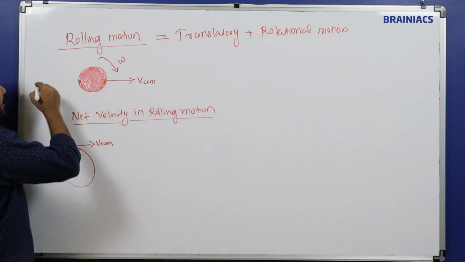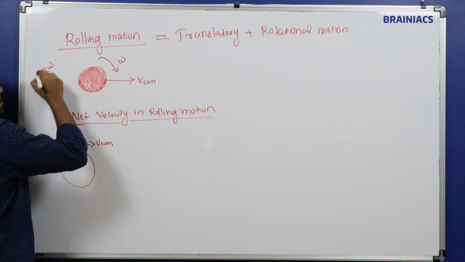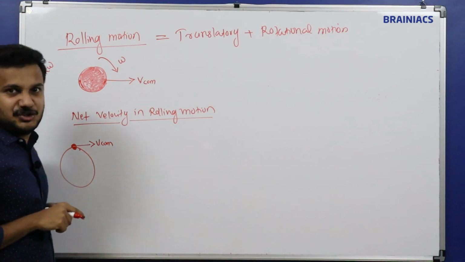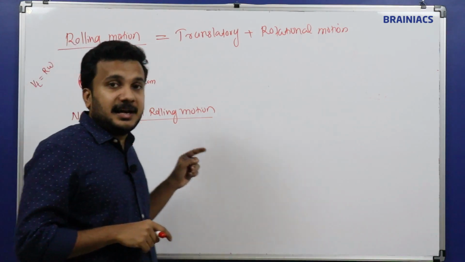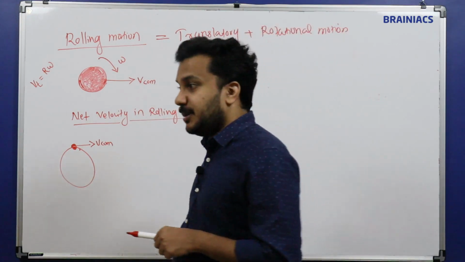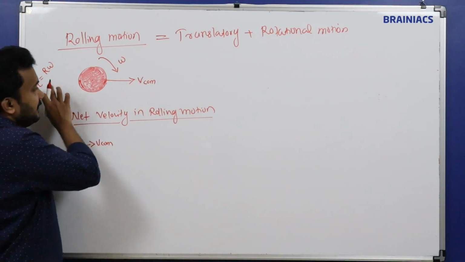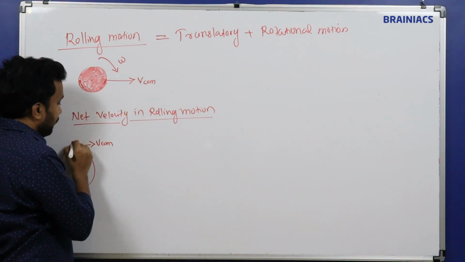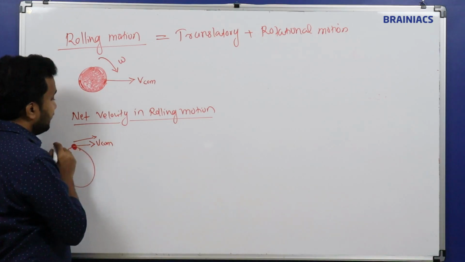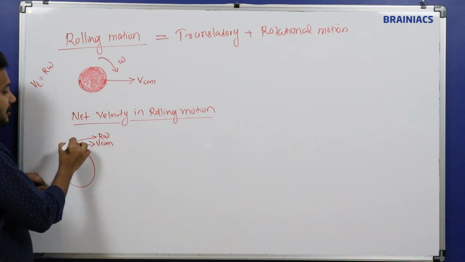I already told you one equation, Vt is equal to R omega. Vt is tangential. Vt is equal to omega cross R. The direction of this omega at this point will act as a tangential velocity component, which is called R omega.